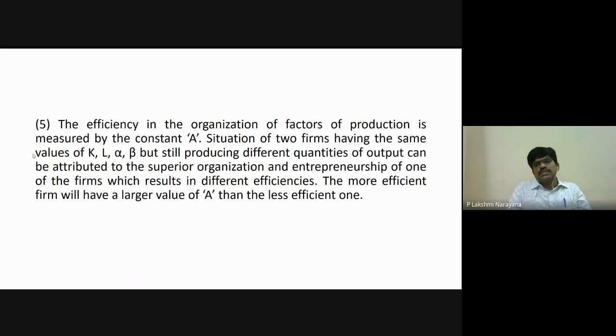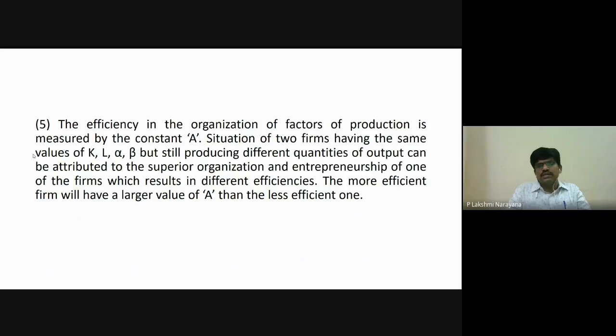The fifth one is that the efficiency in the organization of factors of production is measured by the constant A. A is a constant useful to measure the efficiency in the organization of factors of production.